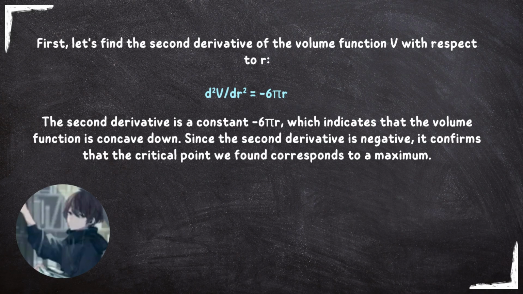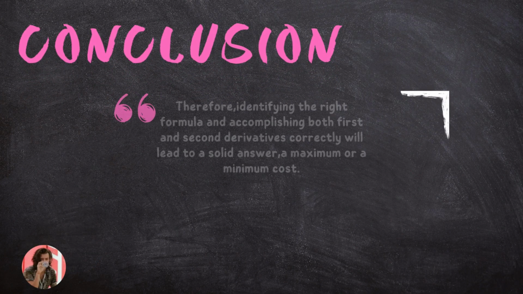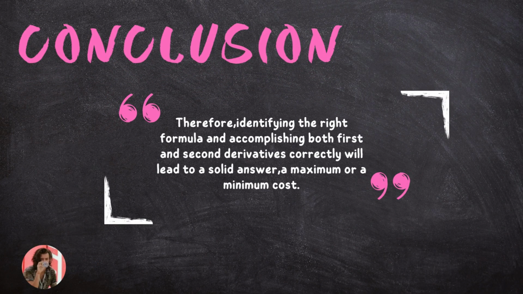The second derivative is negative, which indicates the volume function is concave down. Since the second derivative is negative, it confirms that the critical point we found corresponds to a maximum. Therefore, identifying the right formula and applying both the first and second derivative correctly will lead to a solid answer, a maximum or a minimum cost.